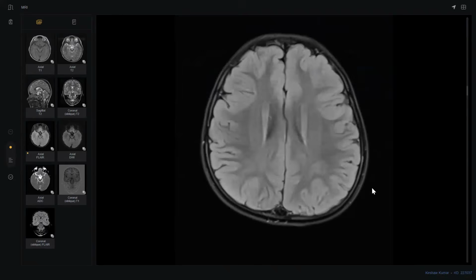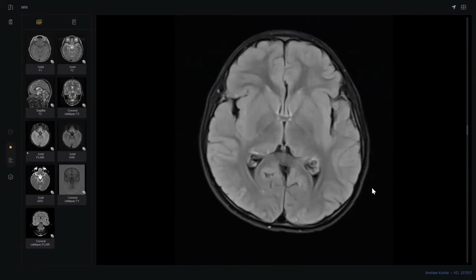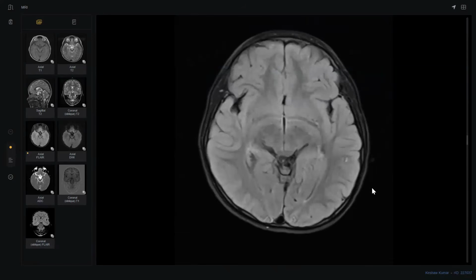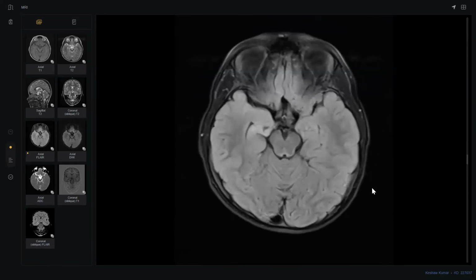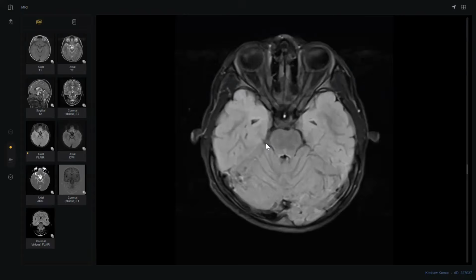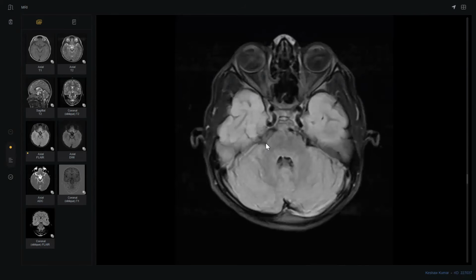There is no supratentorial abnormality. I'll be going towards the temporal lobes. There are subtle hyperintense signals on the right side in the medial temporal regions, with some prominence.